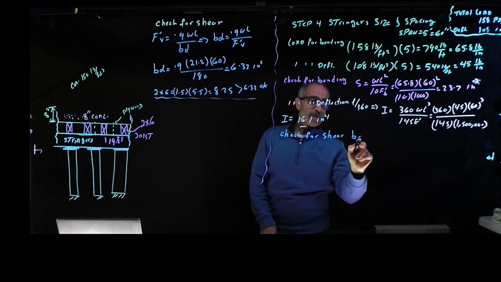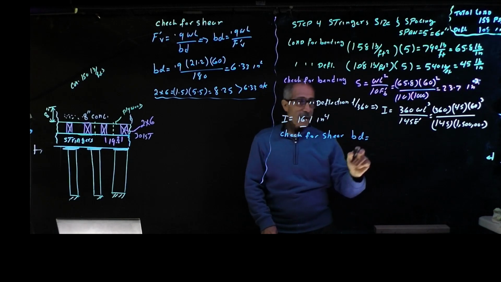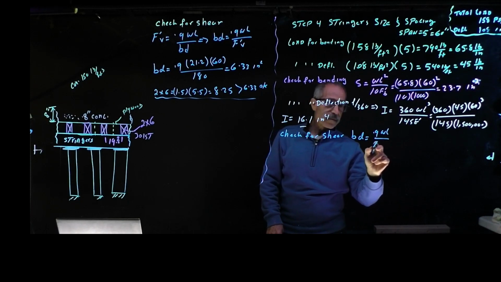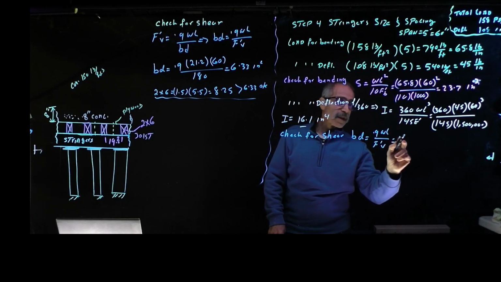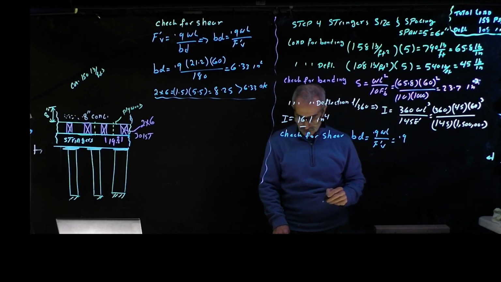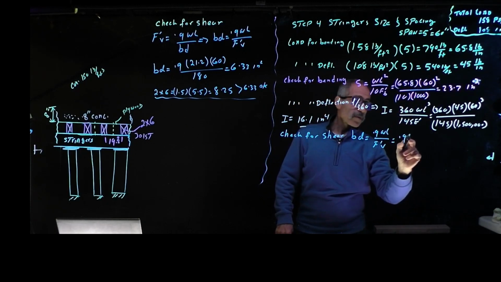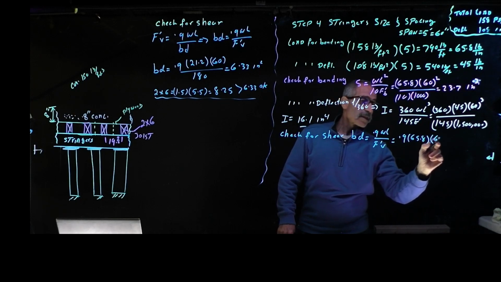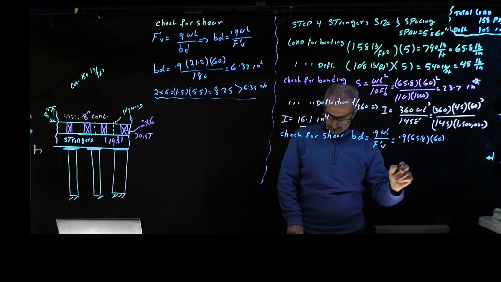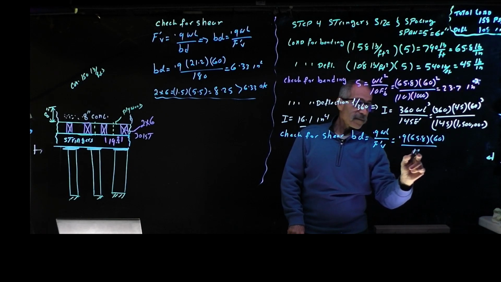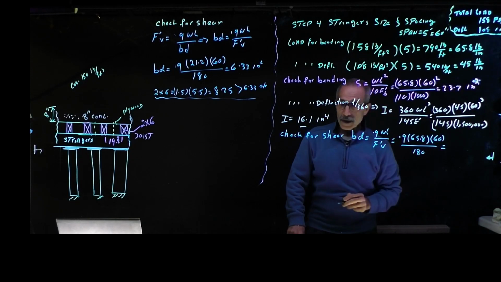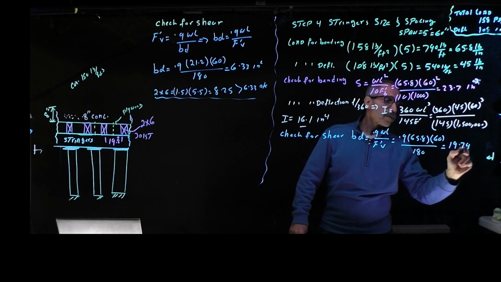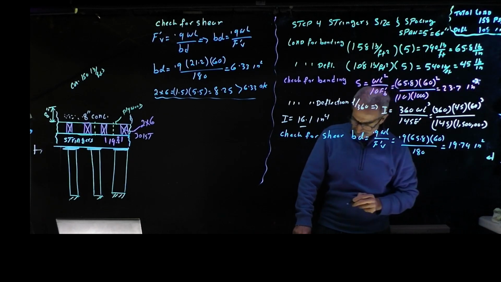From the equation before, BD is equal to 0.9 WL divided by F prime V, which is 180. W is the total load, which is 65.8, and L is 60 inches, divided by 180. And BD comes out to be 19.74 inches squared.